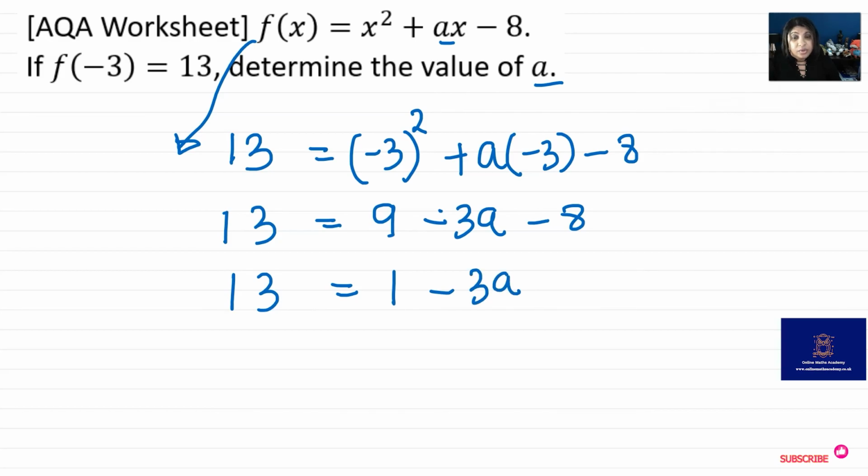If you move those around, then you will get 3a equals negative 12, and a is equal to negative 4. And that's the value of a when the input is negative 3 and the output is 13.